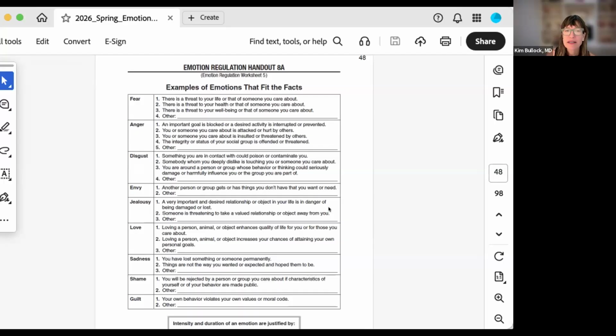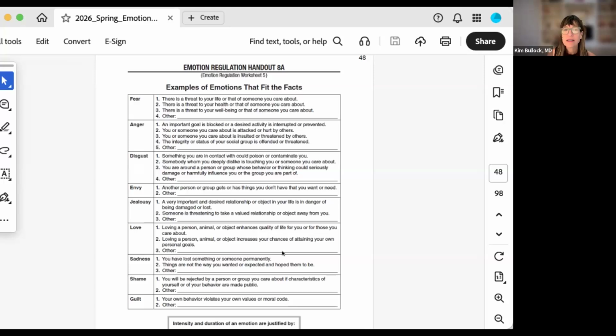Disgust is something that you're in contact with that could poison or contaminate you. Envy is when another person or group gets or has things that you don't have and you want and need. Jealousy is when a very important or desired relationship or object in your life is in danger of being damaged or lost. Someone is threatening to take a valued relationship or object from you.